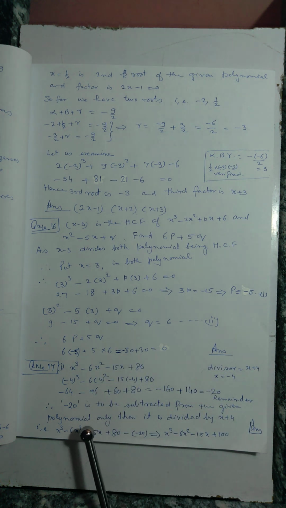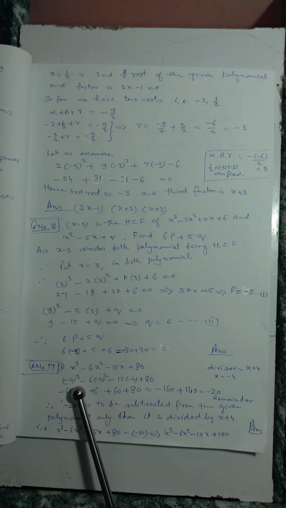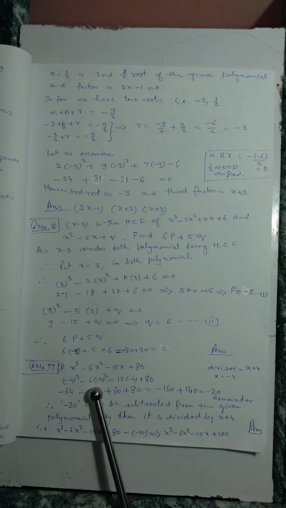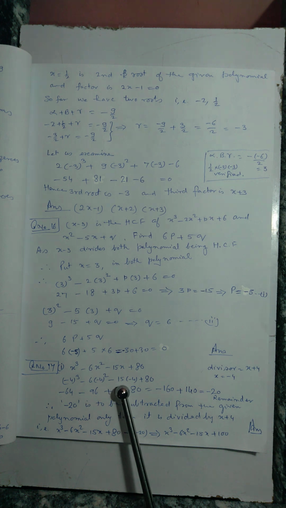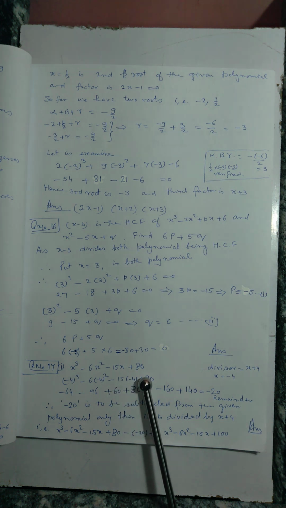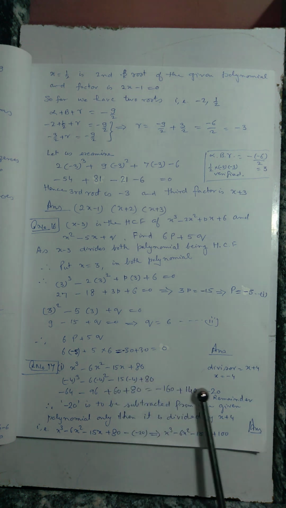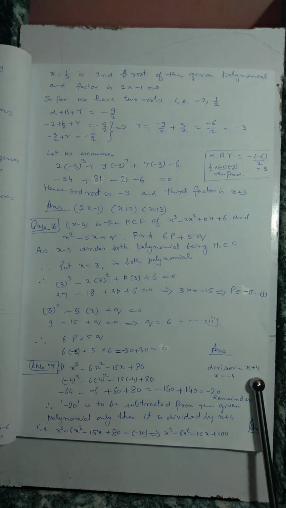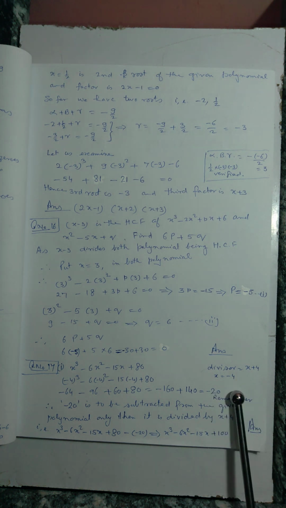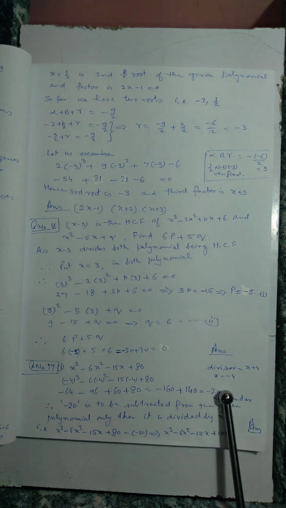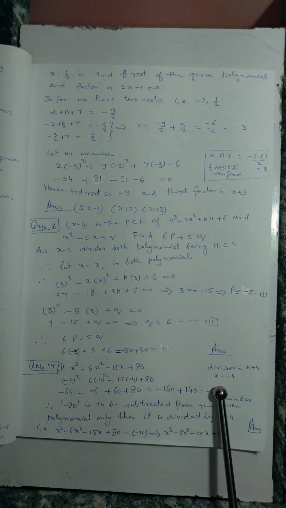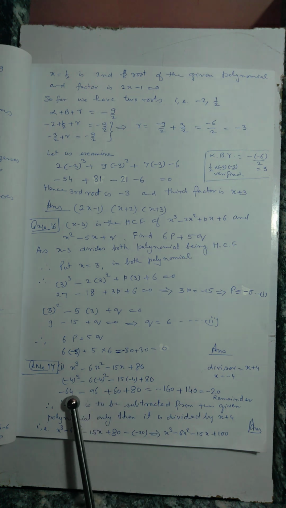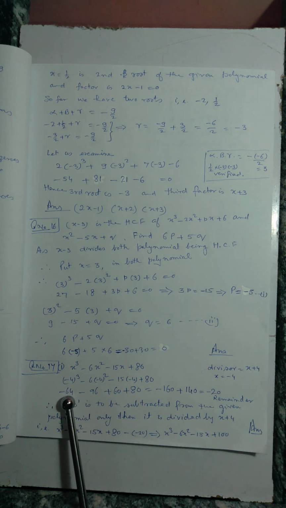Now proceed to question number 17. x cube minus 6x square minus 15x plus 80. Here the divisor is x plus 4. So x is equal to minus 4, that will be the zero, or the root, of the cubic polynomial. So now substitute, in place of x, put x is equal to minus 4.